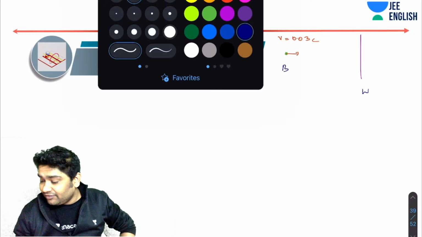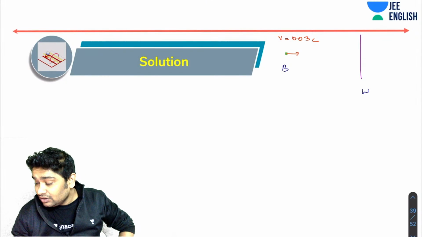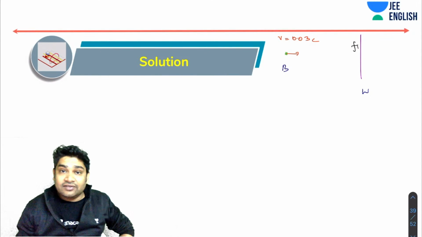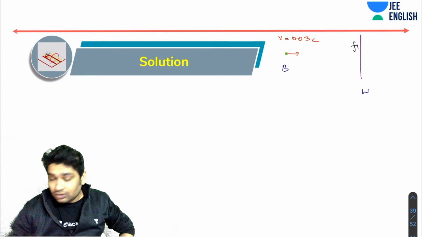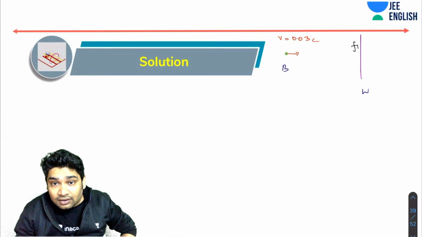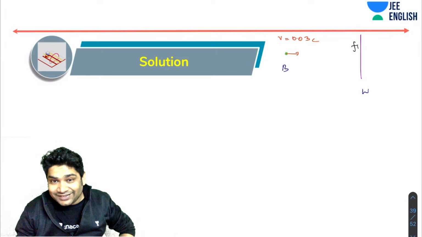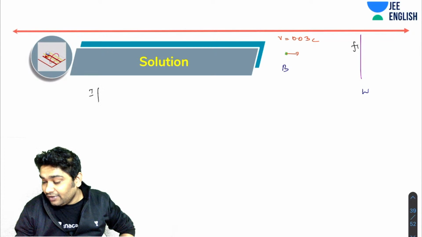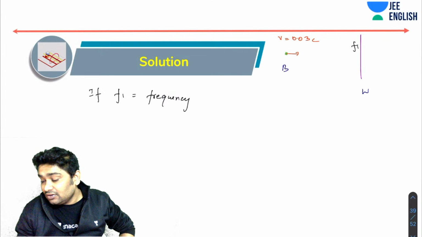So let's say F1 is the frequency received by the wall.